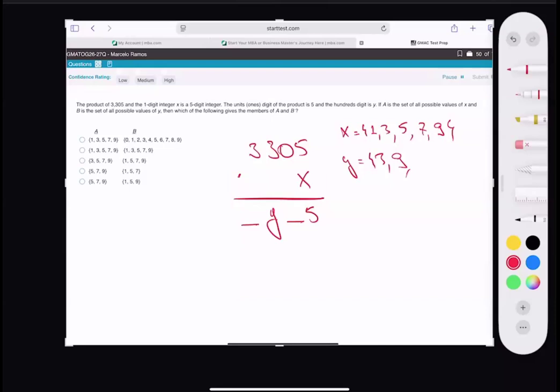Do you guys agree or not, for now? If it's 5, 5 times 3 is 15, so it will be 5. If it's 7, it is 1. If it's 9, it is 7.